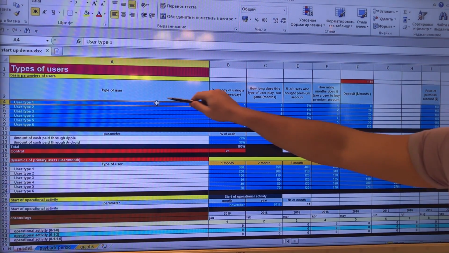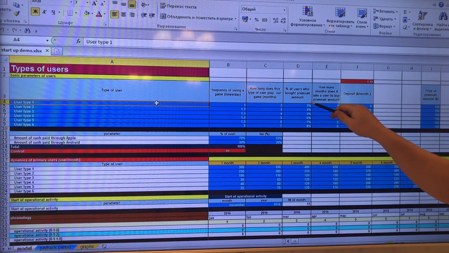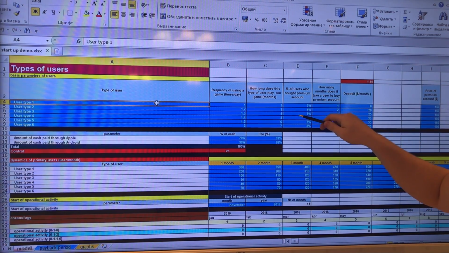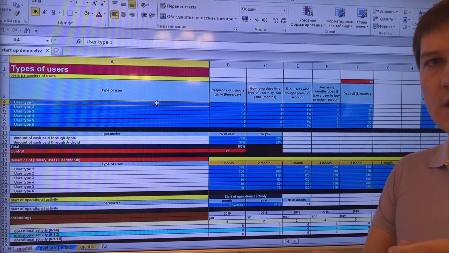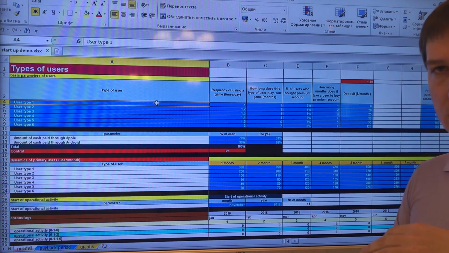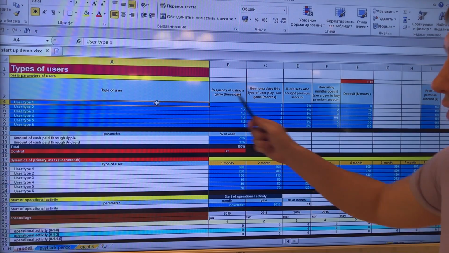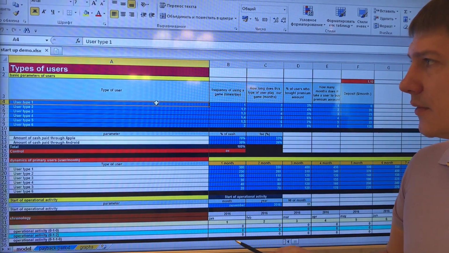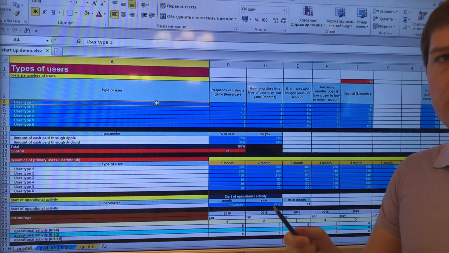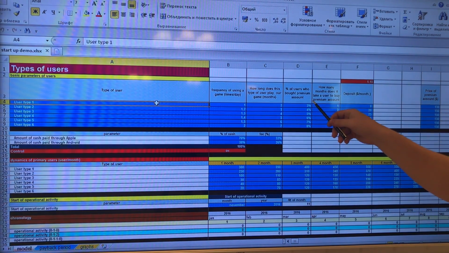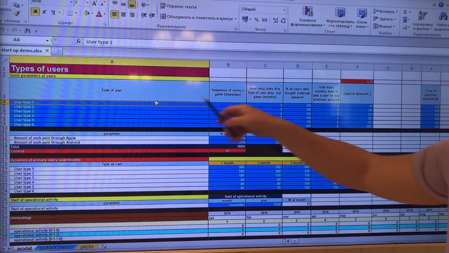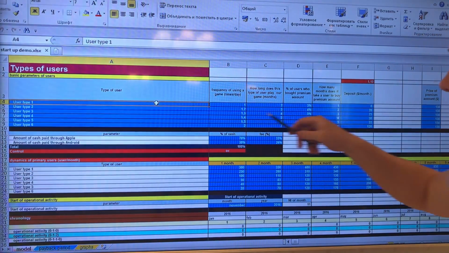Then for each type of user we put the percentage of users who buy premium accounts. Each game can have or can't have premium accounts. Our project, according to the business idea of the entrepreneur who came to us, has a different percentage of users buying premium accounts for each type of user.